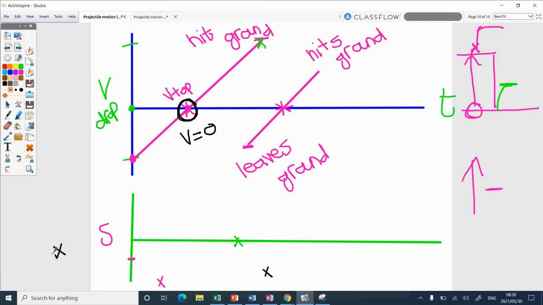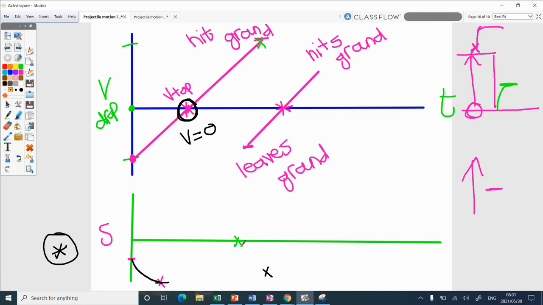What of this graph gives me the velocity? Gradient. So at that point, what is the gradient going to be? 0, so it needs to be a flat line. Now it's kind of easy to draw that line because I need to end up in a flat line. So you can see that it needs to be a curve like that. Does that make sense? Yeah. So it's going to do this.